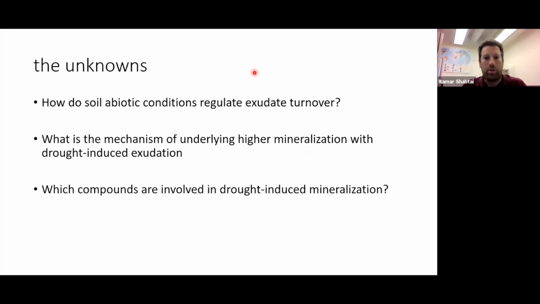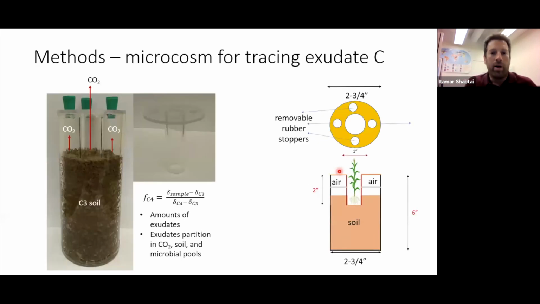We don't really understand the mechanism underlying higher mineralization with drought-induced exudation. We would like to know more about which compounds or compound classes are involved in drought-induced mineralization. All of these questions are embedded in the research plans that we have ahead.